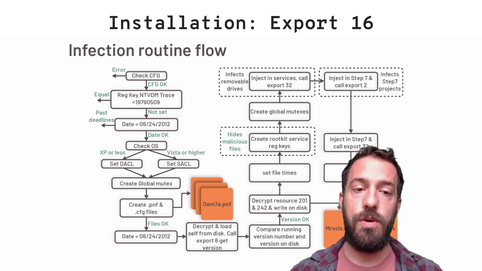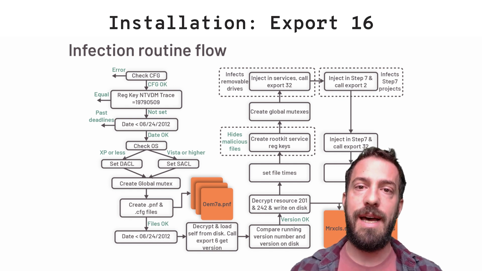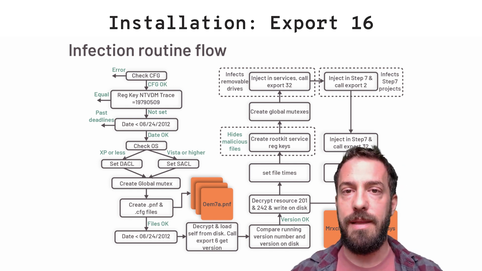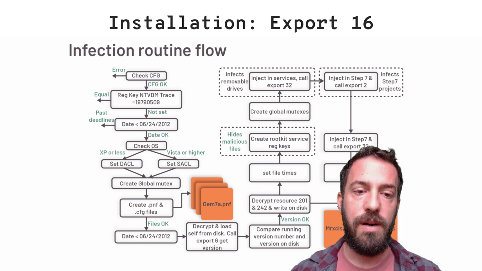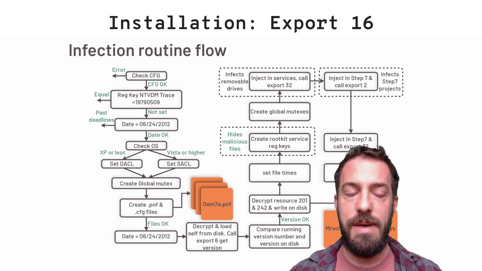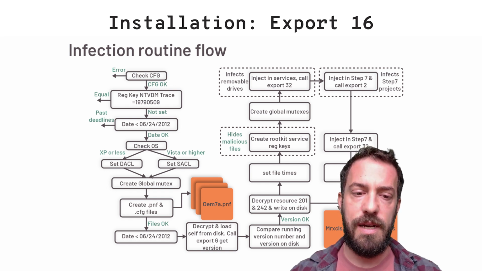It would only work when the date was, in this example, earlier than the 24th of June 2012. So it had an upper limit on how long it would work. If it was within the deadline, then it would start checking the operating system again and find a way to elevate some privileges for this global mutex communication. This is becoming a bit more technical.